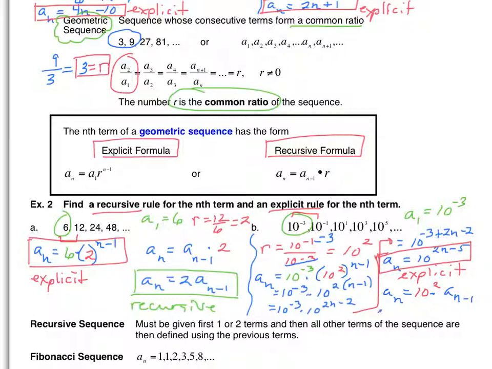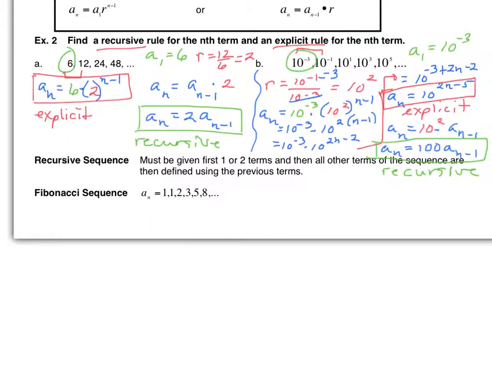So a sub n is equal to 100 times a sub n minus 1. And that is your recursive. And then we have just one last item to look at after you get that written down.